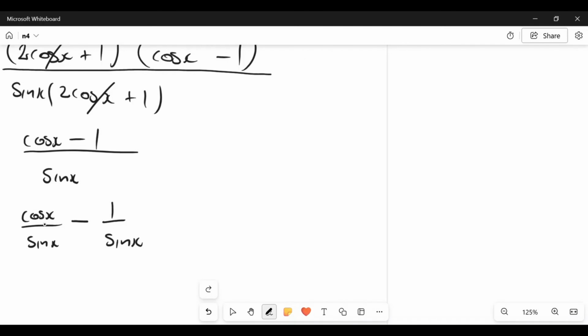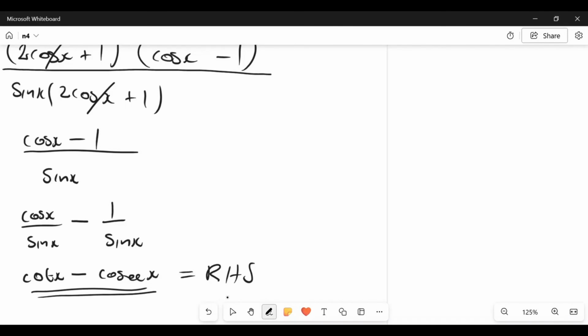So we know that cos x over sine x is going to give us cot x, minus, we know that 1 over sine x is actually cosec x. There we go. If you look at the question, you can see that this is equaling the right hand side. There we go. I hope you guys managed to understand this.